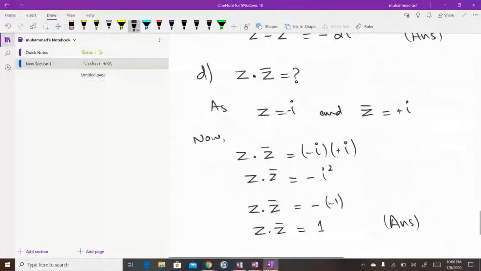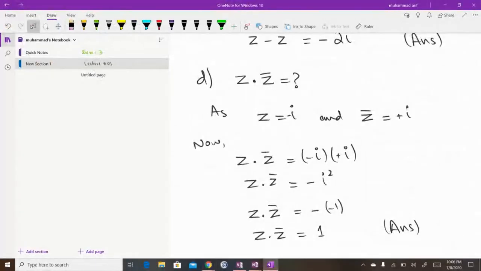In the last part, D part, Z into Z conjugate, we are to find the value of Z into Z conjugate. Here the value of Z is negative iota and the value of Z conjugate is positive iota. We multiply these two.